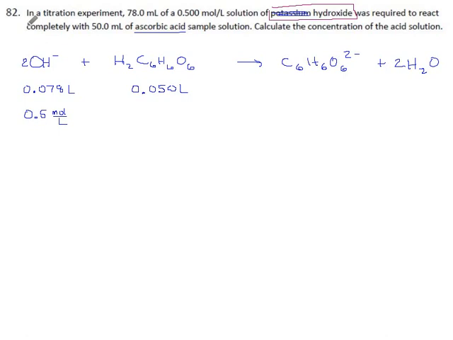All right, where do we start? Moles, must have moles. We can get a number of moles for the hydroxide because we know volume and concentration. We can say n equals CV equals, there's our C, there's our V, we get 0.039 moles of hydroxide.